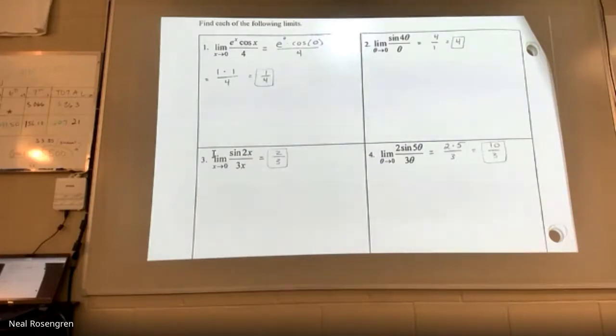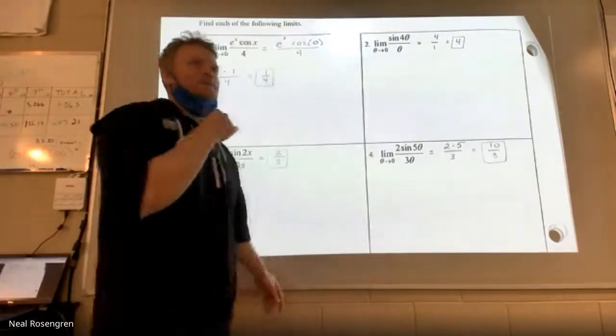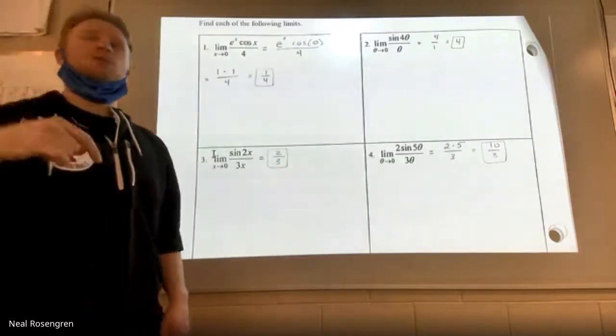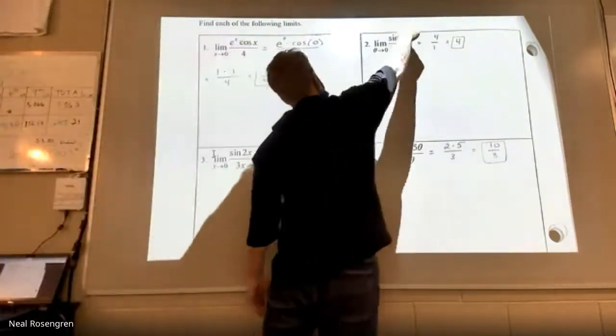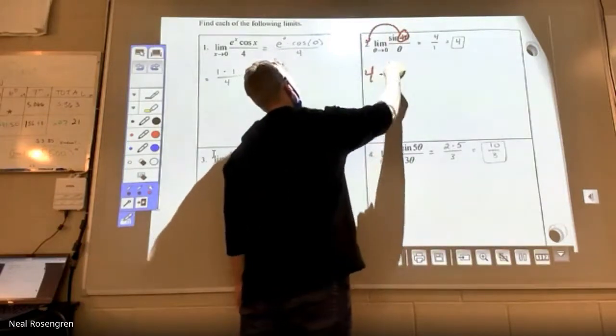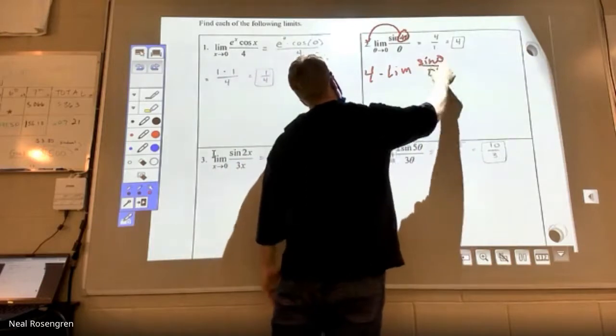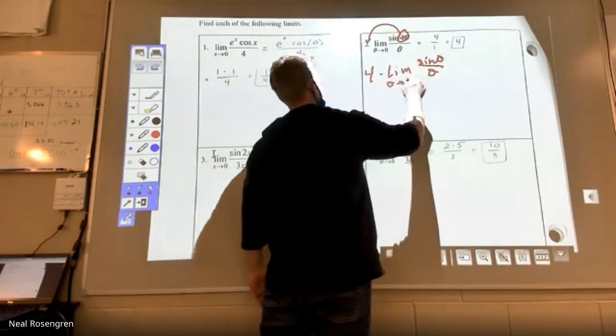Sine of 4 theta over theta, is that one? For number 2? Yeah, like how do you get rid of the sine? What's happening is not algebraically correct, which is why I'm not actually writing it, but the constants can be factored out as a times.